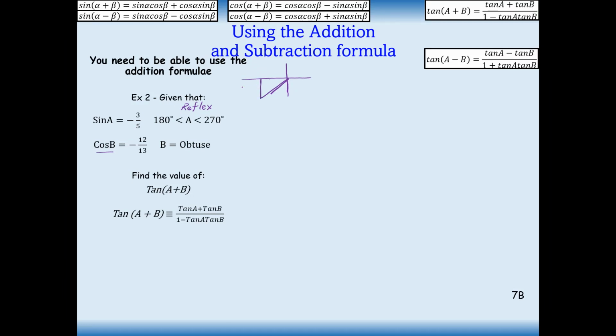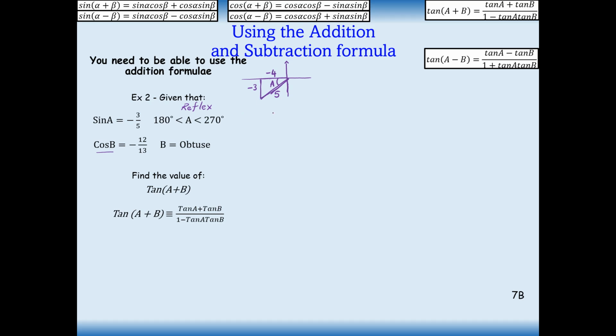The hypotenuse is 5, always positive, and the opposite side is 3. So angle A falls here. Using Pythagorean triplets, the other number must be a 4, but make sure you use negative, because in the third quadrant the x value is on the left-hand side of the y-axis.